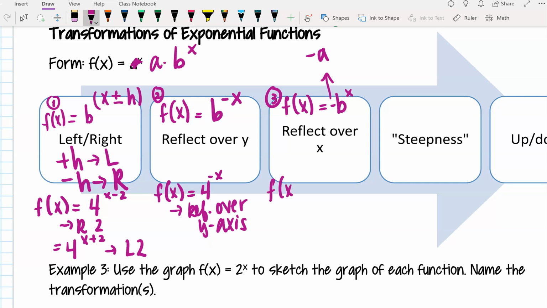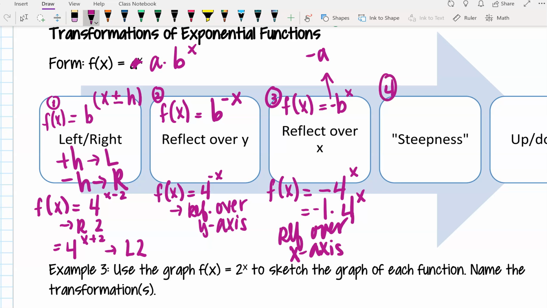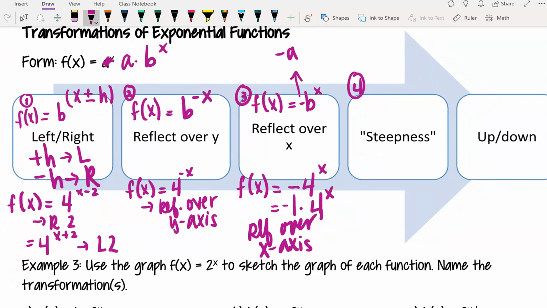So we're just going to continue: f of x equals negative 4 to the x. So what this really is, negative 1 times the base of what you have, and that's your reflect over your x-axis, right?